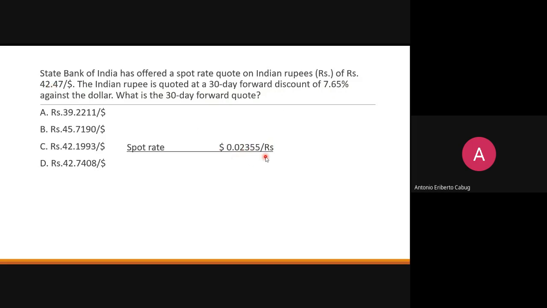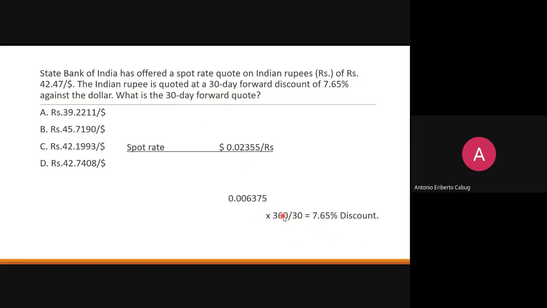Spot rate, 1 divided by 42.47, which is $0.02355 per rupee. Accordingly, the discount is 7.65%. This is 30 days, so bring it back to 30 days: 7.65% times 30 divided by 360.